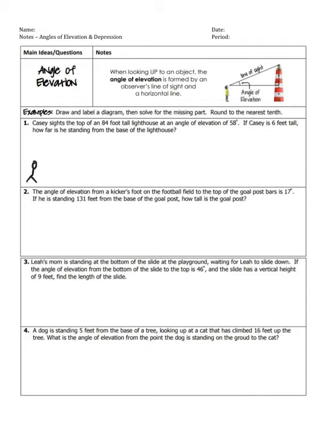So we've got Casey standing on the ground. We've got our lighthouse. Sorry for my awful drawing. Okay, so now let's draw in our line of sight. So line of sight to the top. And then we draw over our horizontal. Okay. All right.